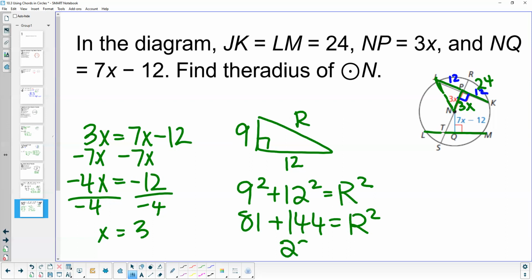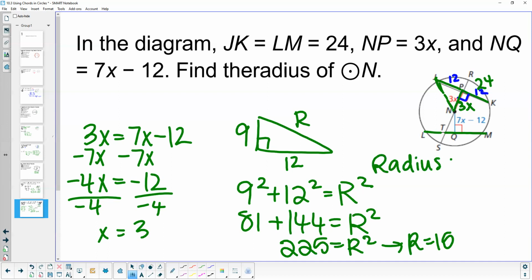So we get 225 is equal to r squared. And the square root of 225 just happens to be 15. So r is going to be 15. So if r is 15, that means that the radius of circle N is going to be 15 units.